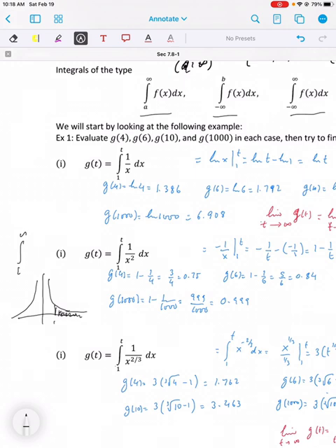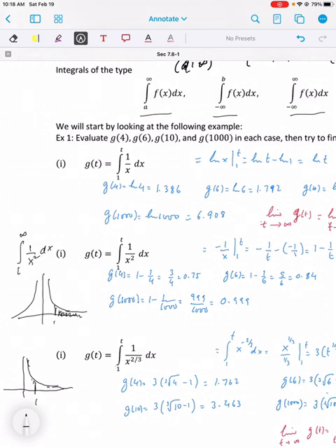This is how it looks, and we saw that two of these diverge or do not have a limit, and one converges or has a definite limit. The one which had a limit was 1 over x squared. So the integral, which looks like this, is finite and has a limit.